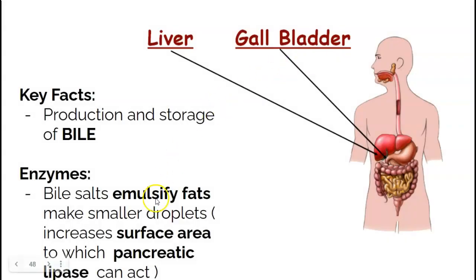So bile comes in, emulsifies the fats, making them smaller droplets rather than big ones, and increases the surface area. Okay, so bile salts are there to increase the surface area. And then when we do that, the pancreatic lipase, which is the enzyme for lipids, can actually do its job.